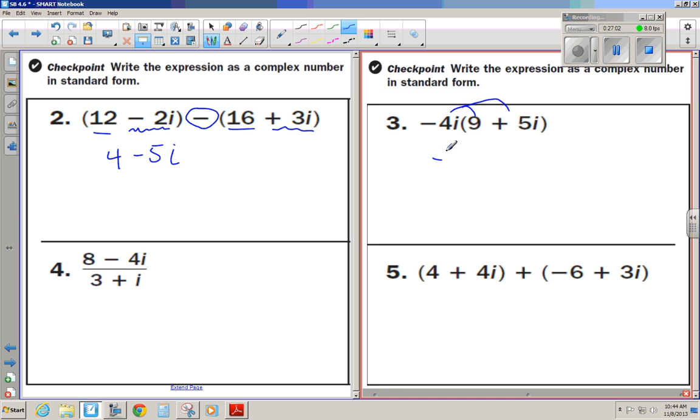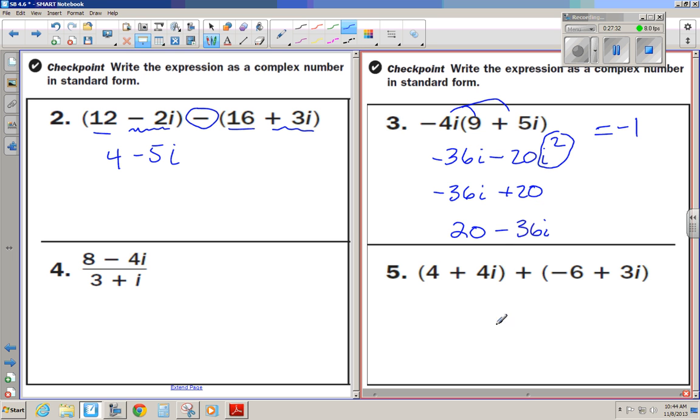That would be negative 36i minus 20i squared. Well, a negative i squared is negative 1, so we change the sign and get rid of the i squared. So that's an okay answer, but please, etiquette tells us it should be this.